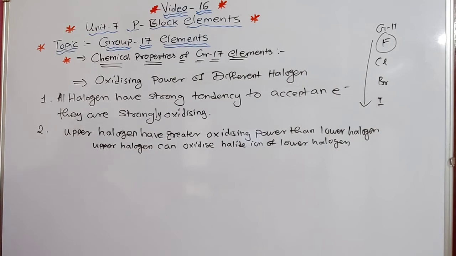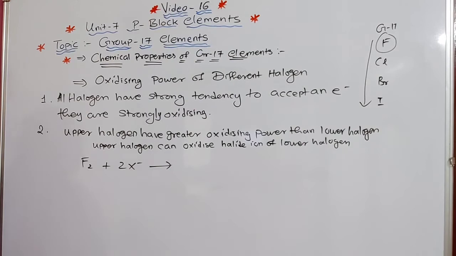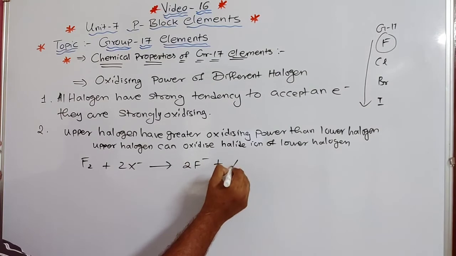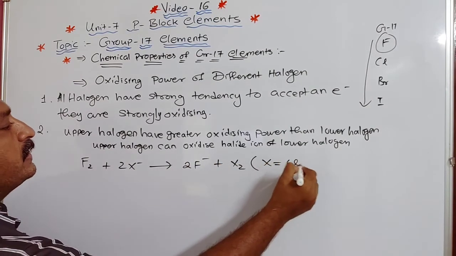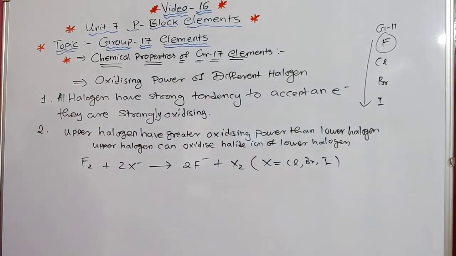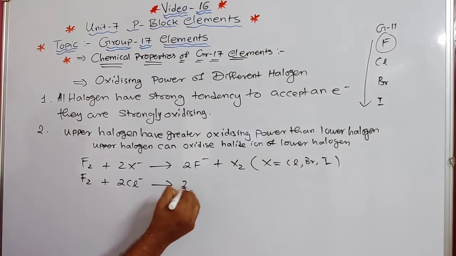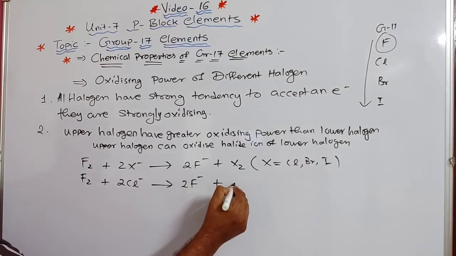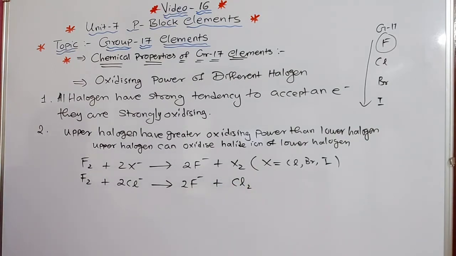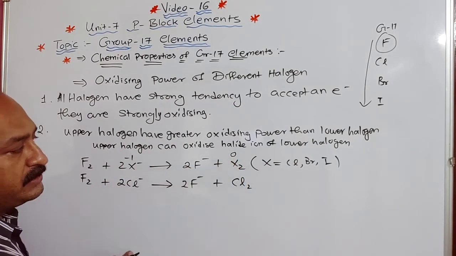They have explained it here. When I write F2 plus 2X minus, it will give you 2F minus plus X2. In this case X you can take as chlorine, bromine and iodine. What is the meaning of that? If I take F2 plus 2Cl minus, you will get 2F minus plus Cl2, right? Here the oxidation number is minus 1, and for X2 it is 0.